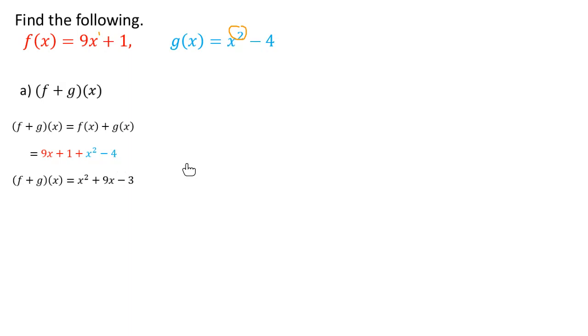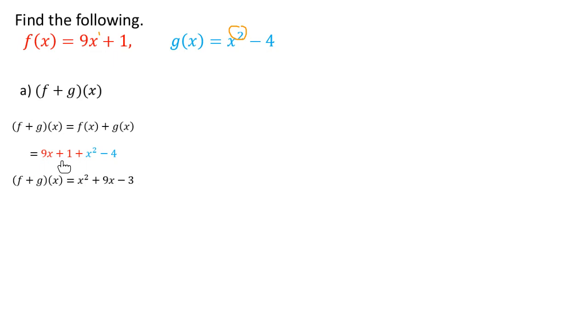We're going to simplify by combining like terms, and we also like to put it in standard form, where the term with the highest exponent goes first and we write our variables in decreasing order.